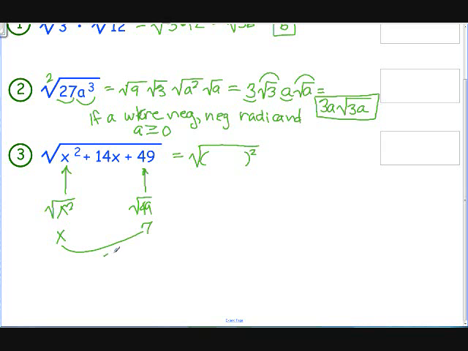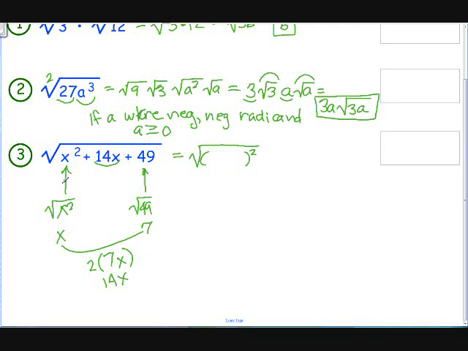So I have 7x, and I have to double it. Inside and outside, it happens twice if I have a perfect square trinomial. And this is good news. We've got 14x, which is just what we wanted for our middle term. So yes, we do have a perfect square trinomial.